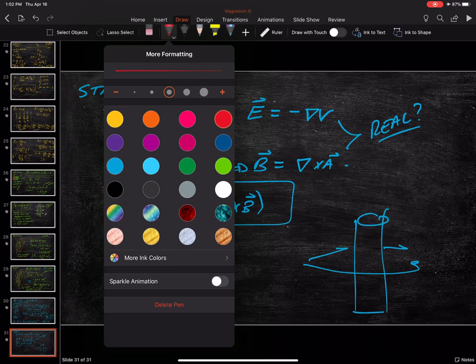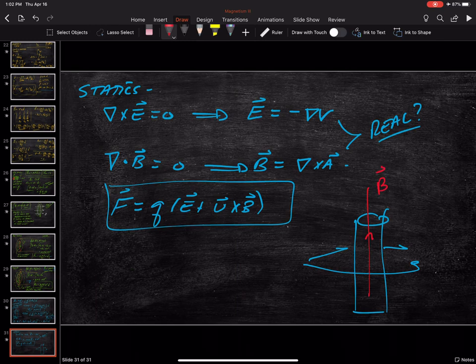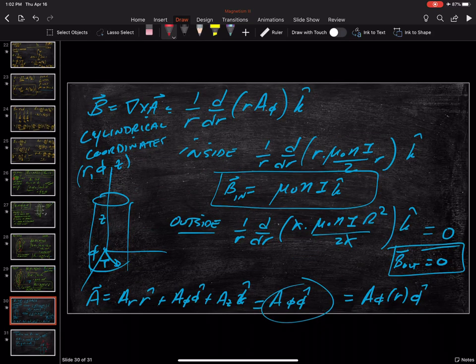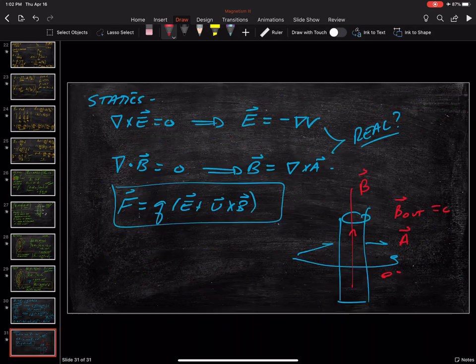So B outside is 0. You move electrons around this solenoid, and you find that they're affected, even though they're moving through a region where there's no magnetic field. There's no magnetic field, but there is a vector potential. We just worked it out. It's right here. So it must be that the vector potential is a real thing, which is really affecting these electrons.